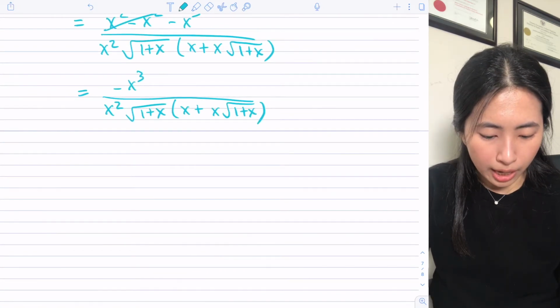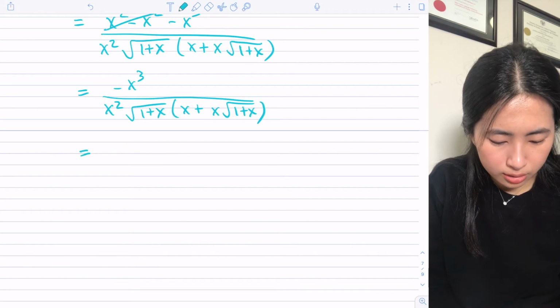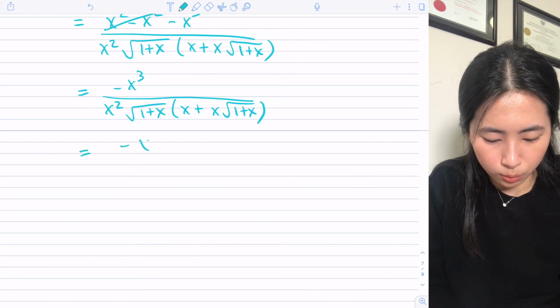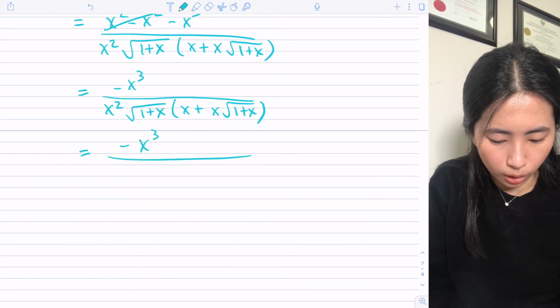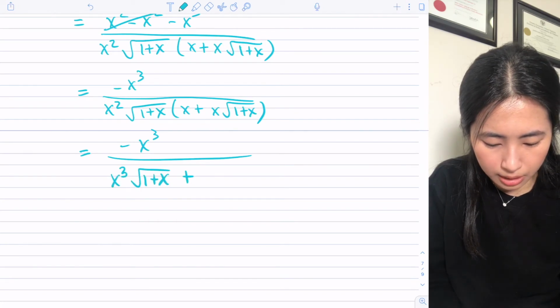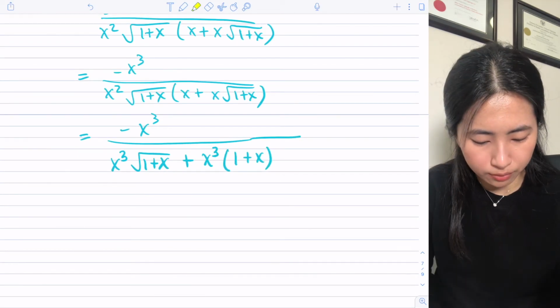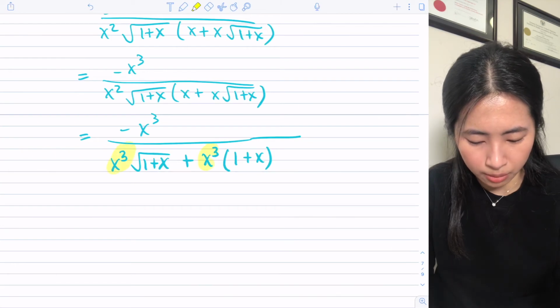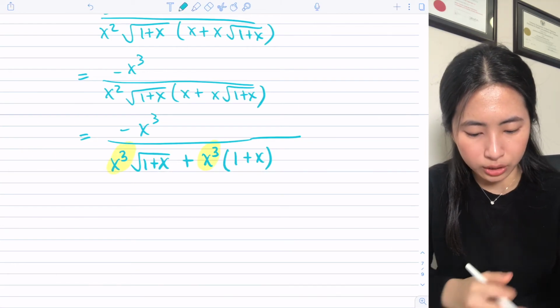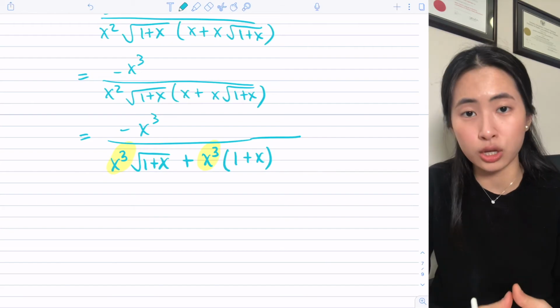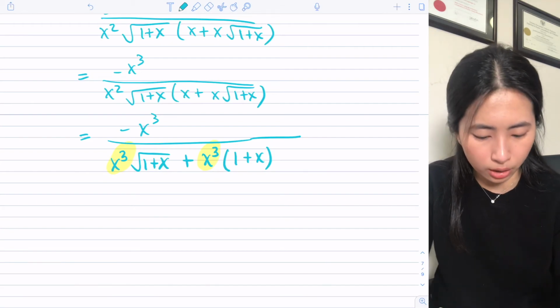So we need to expand our denominator, and we keep our numerator, which is negative x cubed, all over x cubed square root of 1 plus x times 1 plus x. As you notice, we do have a greatest common factor x cubed in our denominator, and hence we're able to factor that out and ultimately cancel out x cubed in both our numerator and our denominator.